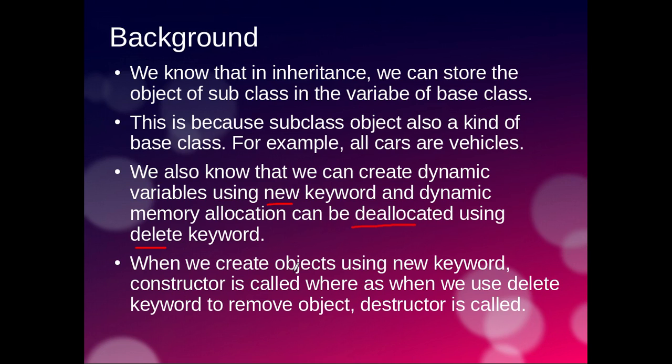When we create an object using new, the constructor is called automatically, whereas when we use delete to remove the object from memory, the destructor is called automatically. So the constructor and destructor are both methods of the class that are called automatically whenever the object is created or destroyed. These are two important concepts that we already know.